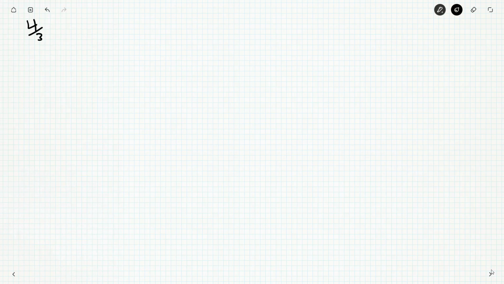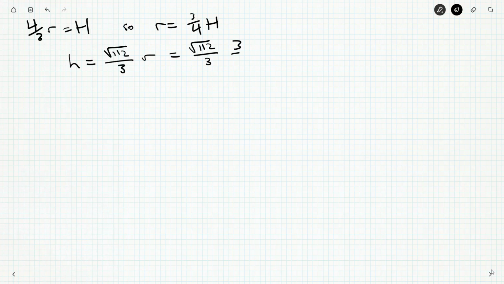And so now, we know 4/3 r is capital H. So let's get a capital H in here. So r is 3/4 capital H. Little h is root 112 over 3 r, which is root 112 over 3 times 3/4 times H. The 3's cancel out.